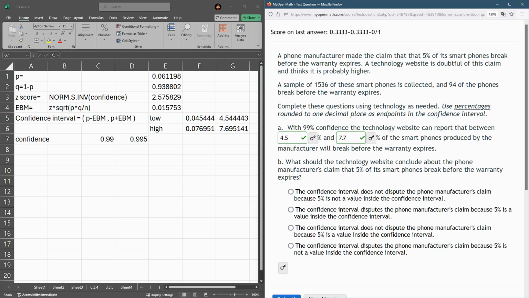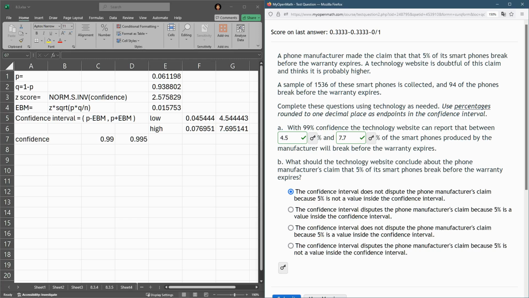Okay, last part. What should we conclude? Is 5% reasonable? Meaning is 5% between the low and the high value? It definitely is. It's again close to the low value, but it is between the low and the high value. So, does not dispute.